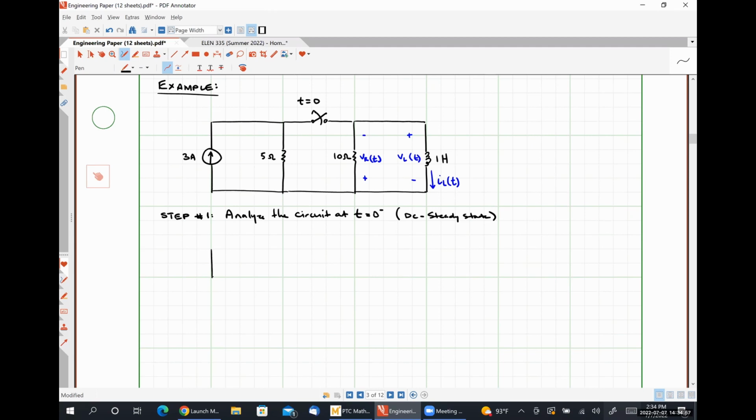our circuit looks like this. Our 3 amp source is happy being a 3 amp source. Our 5 ohm resistor is just a 5 ohm resistor. Our switch is closed at t is equal to 0 minus, so I'm going to replace my switch with a short circuit.